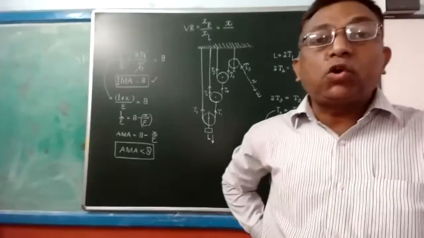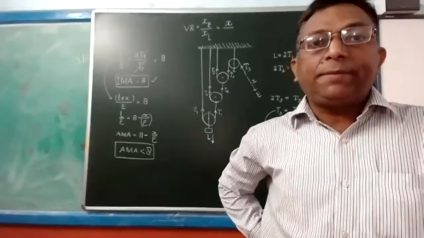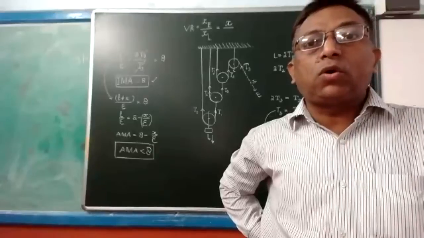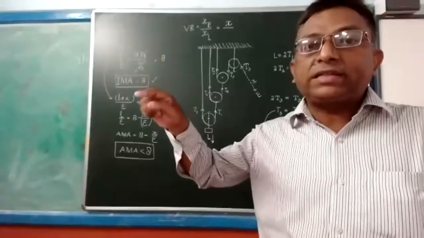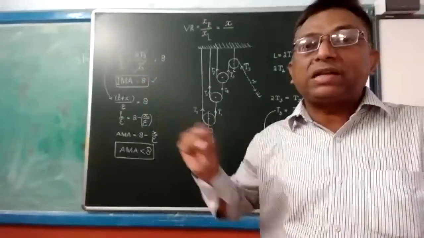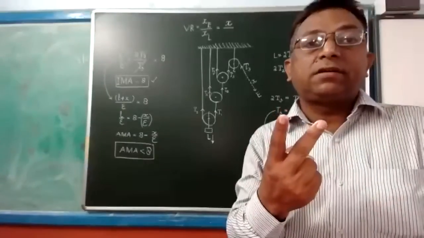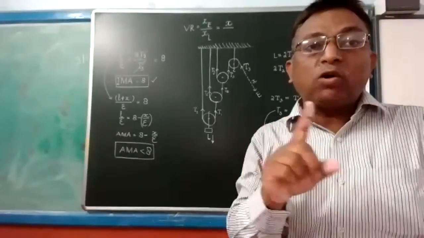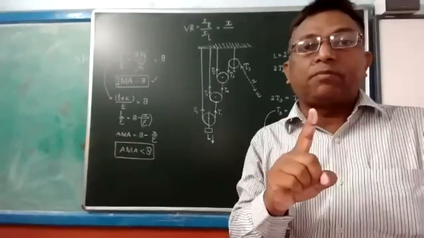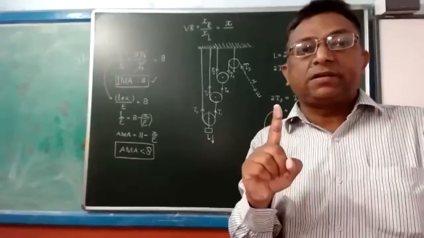Their load distance gets halved: if the effort was applied through distance small x, the load moves 1 by 2 x, because the load was supported by two strands, two cords. I'm talking about the single mobile pulley system in which one pulley is mobile and one is fixed.